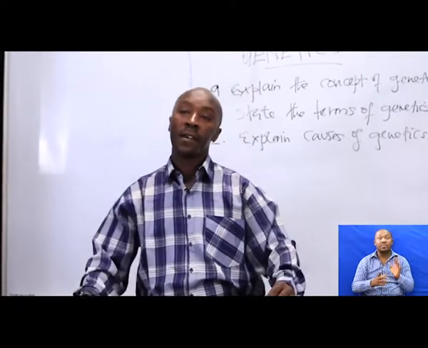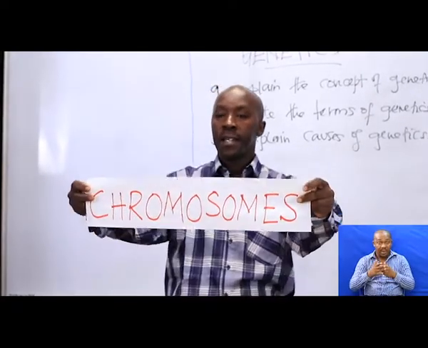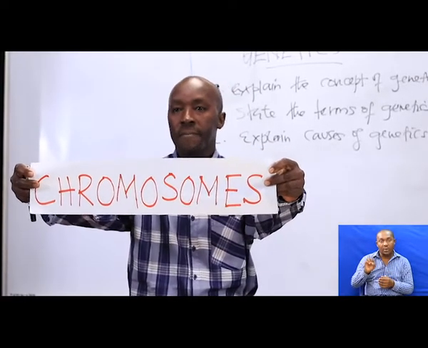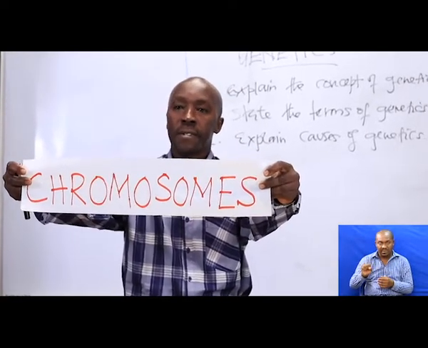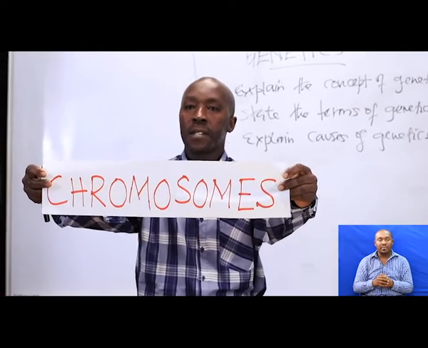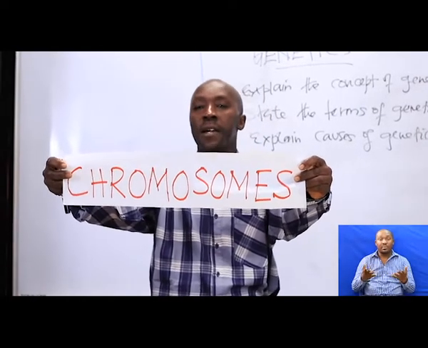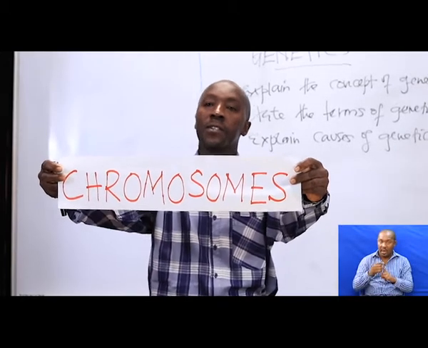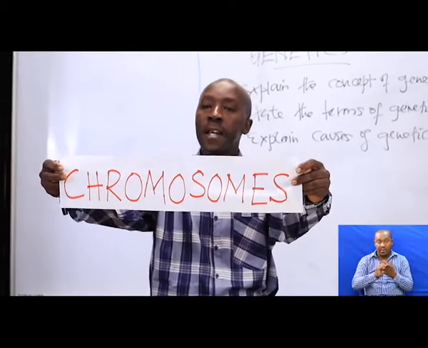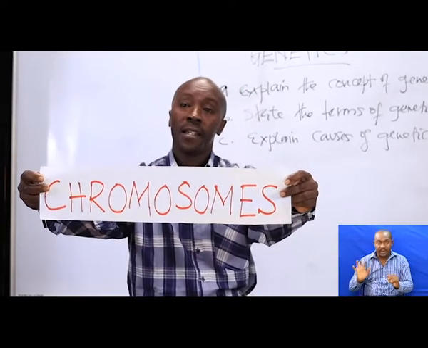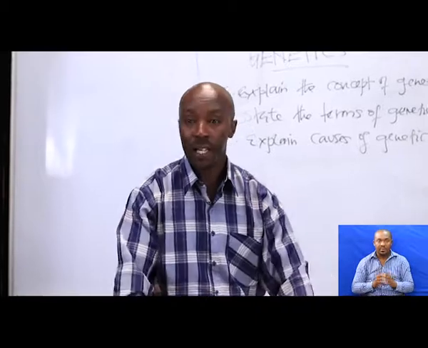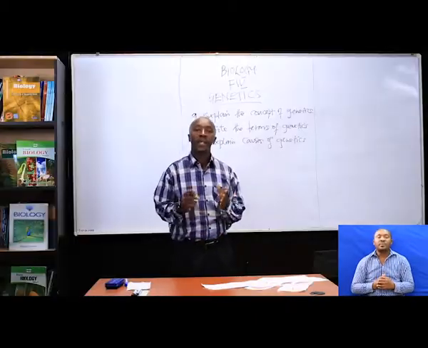And the last vocabulary in our lesson today is this long one, chromosomes. Try to look again very well. This is the long word, chromosomes, so as to write the spelling of chromosome correctly in your notes. Thank you.